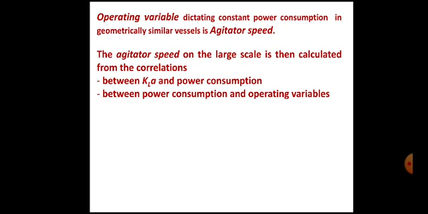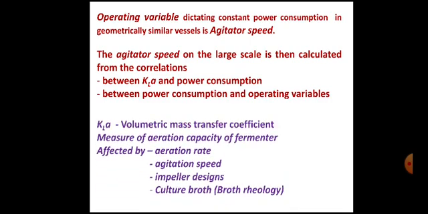These are the correlations between KLA and power consumption, and the correlations between power consumption and the operating variable. So using all these relations and calculations, finally what we calculate is the speed of agitation. That is the final goal.